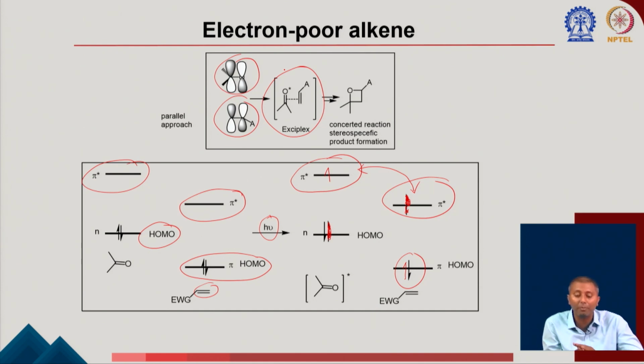The excited state of this ketone is forming an exciplex with this double bond compound, and then through a concerted reaction they form the product. So that is why the reaction is stereospecific. If you have an electron-withdrawing group in the olefin, then the reactions are mostly stereospecific.